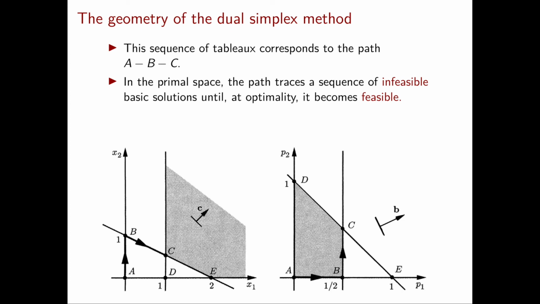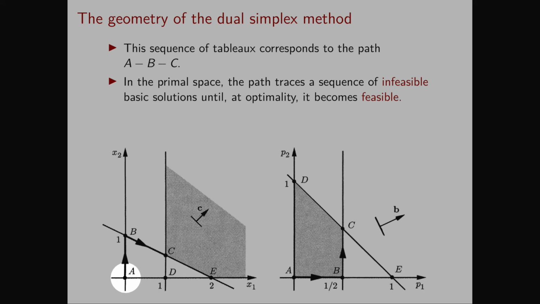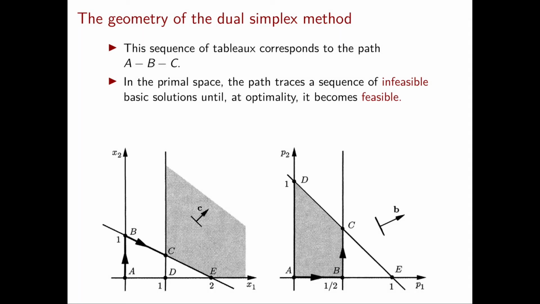So let's have a look at this path both in the primal and in the dual. In the primal we started here, at the next iteration we were in this point and ended up in our optimal solution C. So in the primal space, the path traces a sequence of infeasible basic solutions until it becomes feasible at the very end when you find an optimal solution.